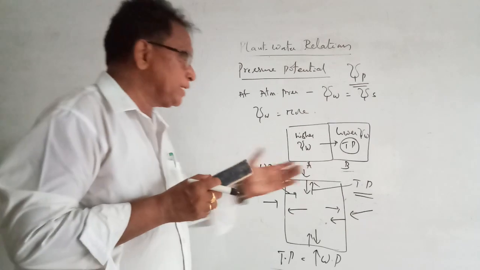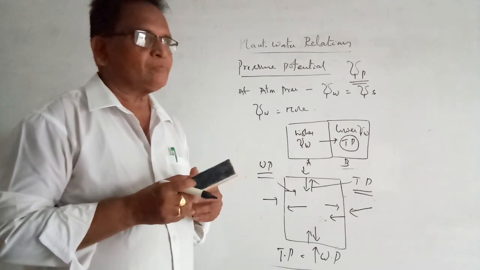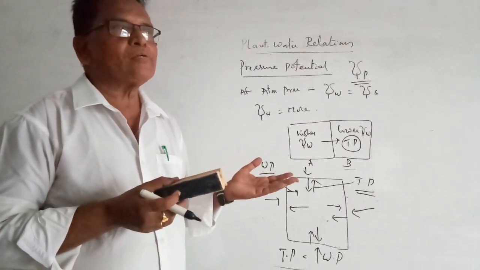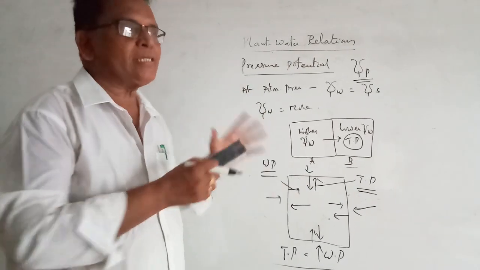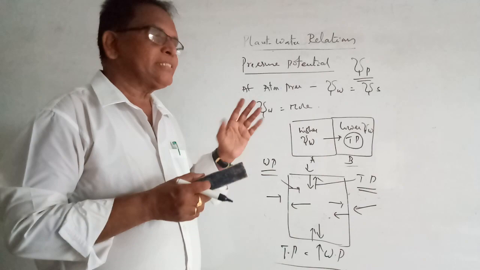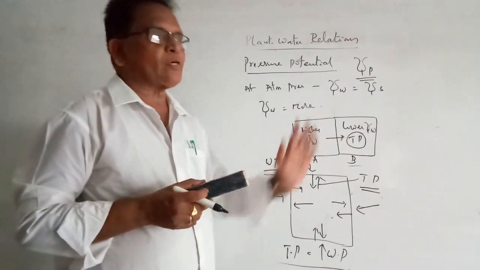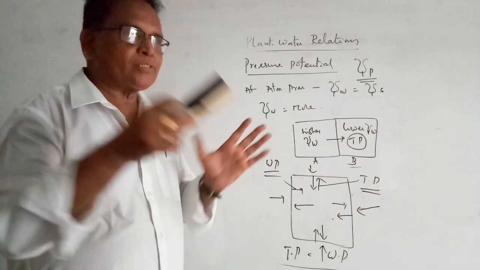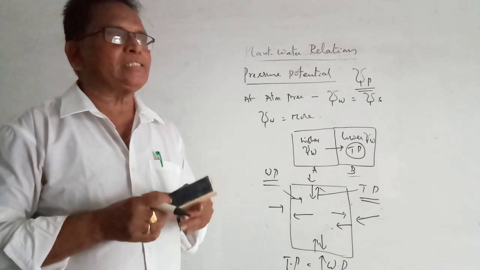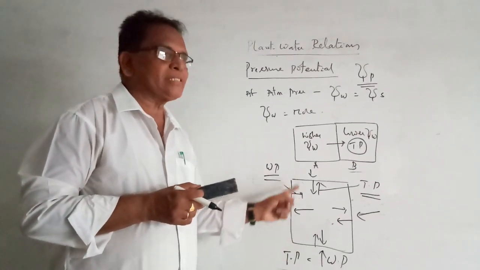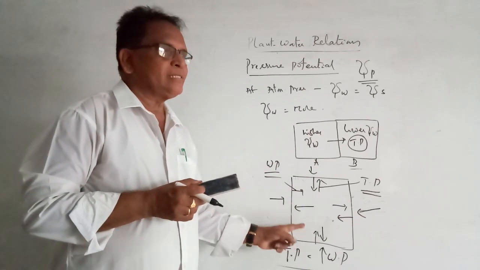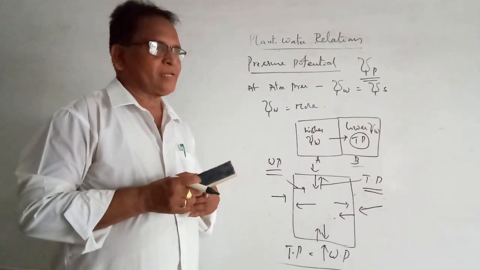Suppose if there is no wall pressure, the result is the cell becomes burst. కణాలు పగిలిపోతాయి. కానీ అలా పగలకుండా ఉంటుందంటే the reason is there is an equal and opposite pressure operating from the cell wall, and both these pressures counteract each other and the cell remains intact. Now this cell is said to be in a turgid condition. ఇప్పుడు ఈ సెల్ ని టర్జిడ్ కండిషన్ లో ఉందని చెప్తారు.